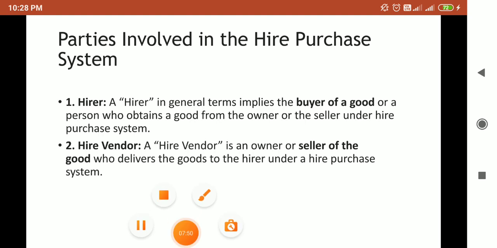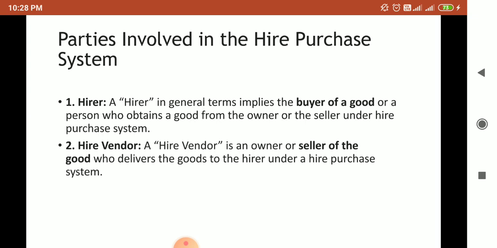Under the hire purchase system, when the hire purchase agreement is signed, the ownership is transferred to the hirer. In this situation, three things are to be remembered.